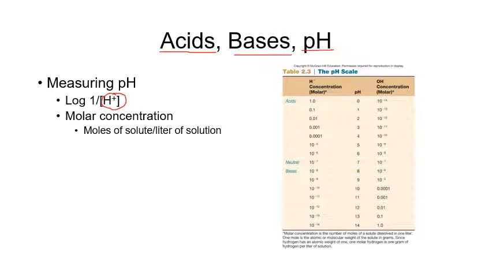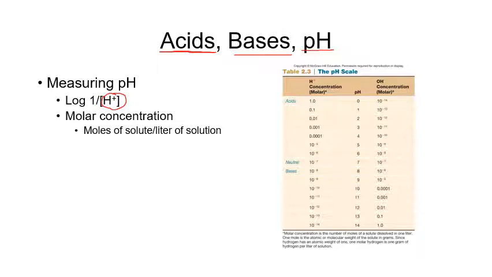But look at the equation for measuring pH: it is log of 1 divided by the concentration. When you see these brackets here, that means concentration. So higher concentration would be attributed to acids.